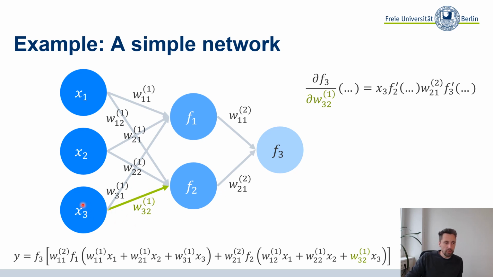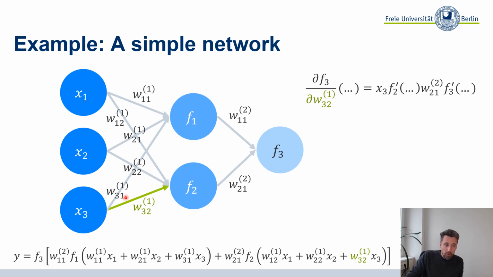So the only thing that should pop up in the solution is x3, because it will determine how strongly W32 affects the output f3. And f1 has no role.